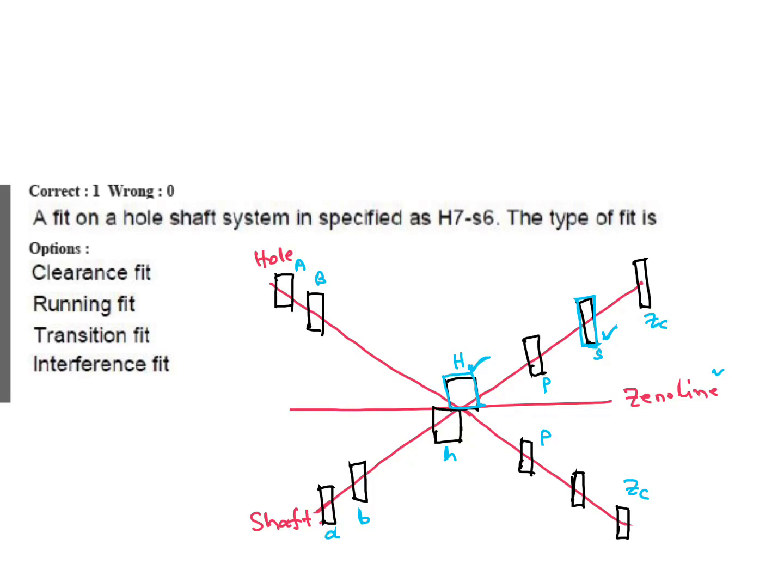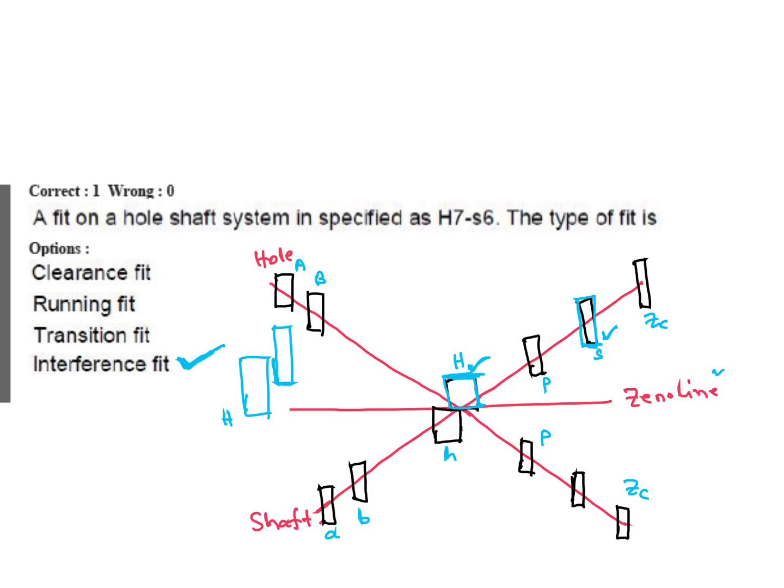So this is transition fit, because shaft lower limit is higher than the hole upper limit. This is interference fit, it should be interference fit. Because for transition fit, it should be like this. If it represents hole, so shaft should be sometimes transition, sometimes clearance.